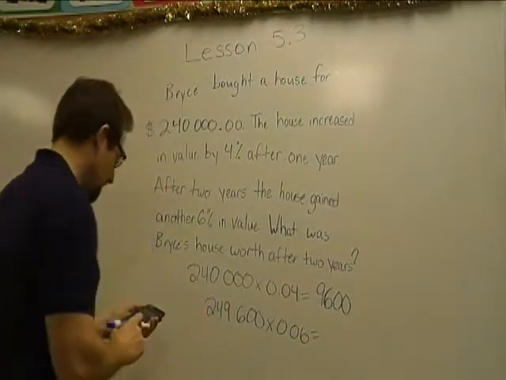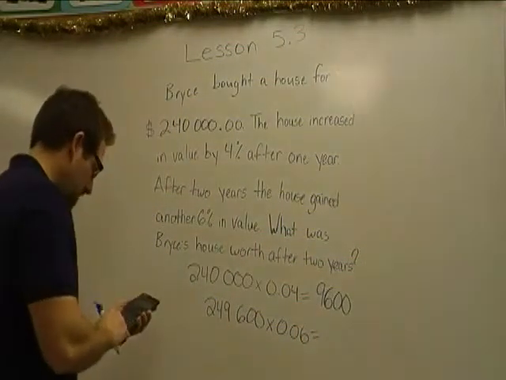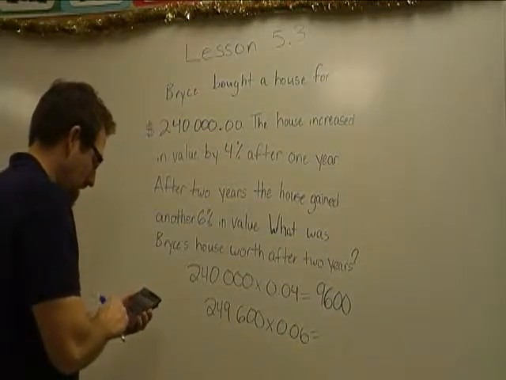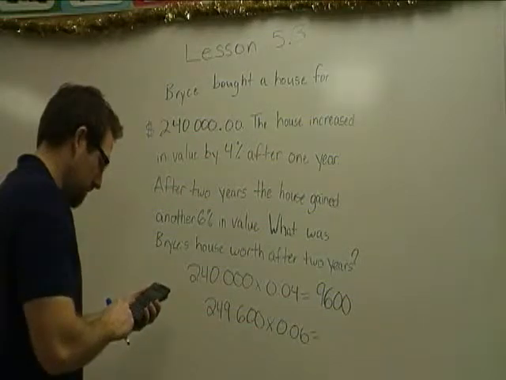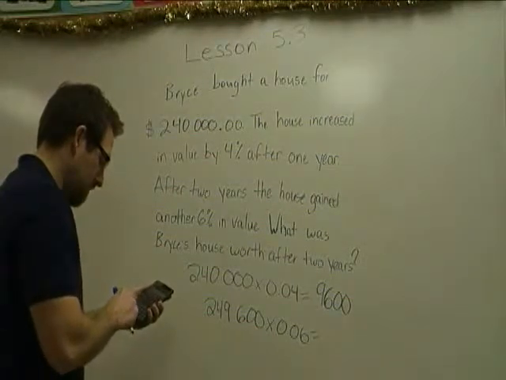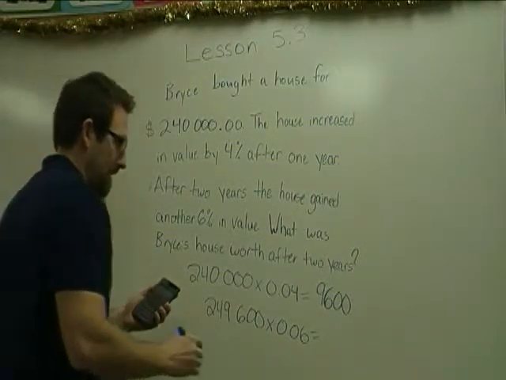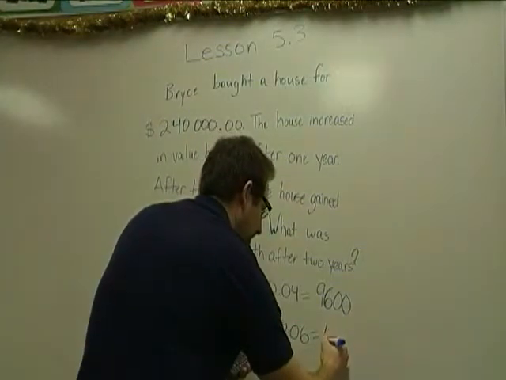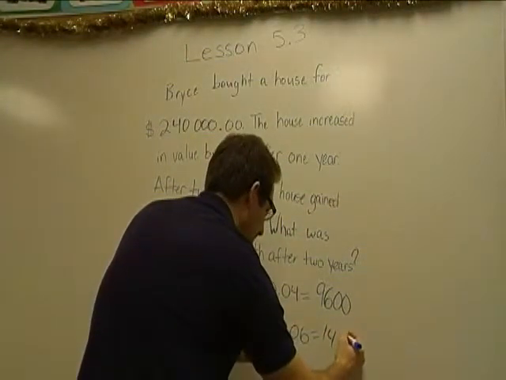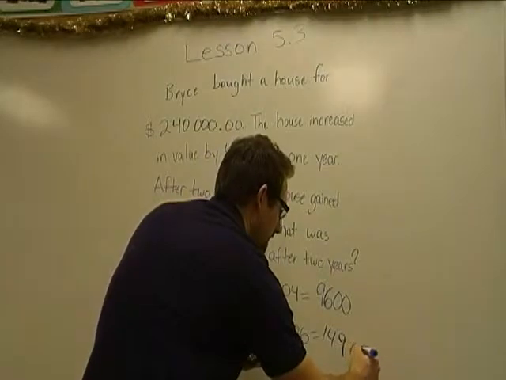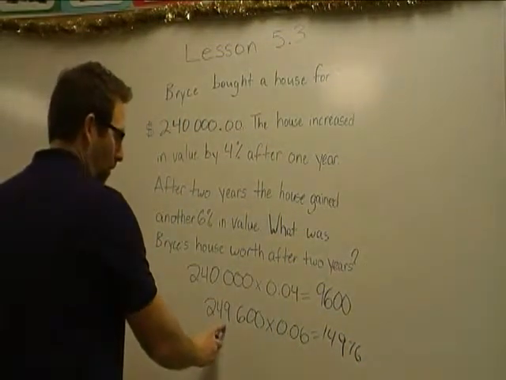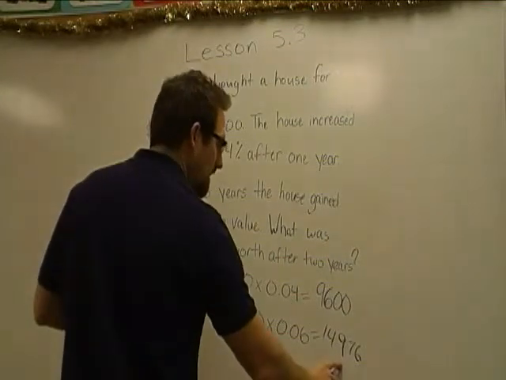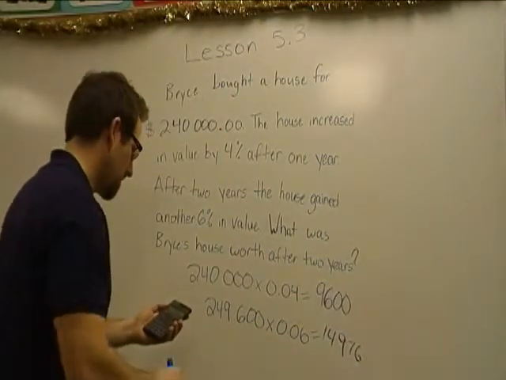So go ahead, punch that into your calculator and times it by the number there. 249,600 times 0.06 gives me an increase of $14,976.